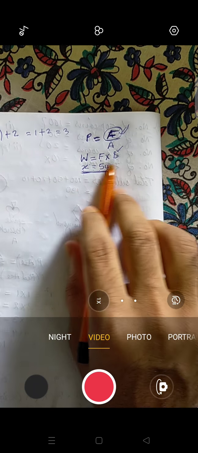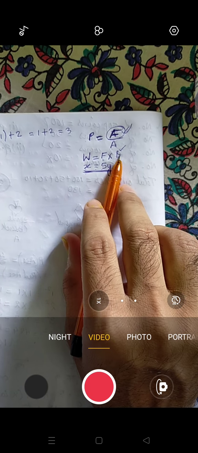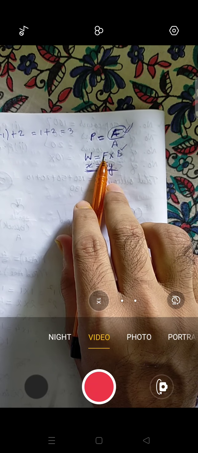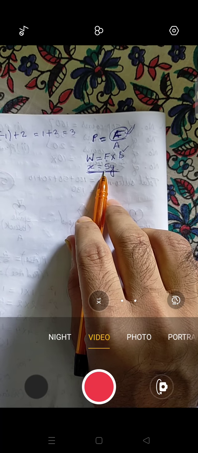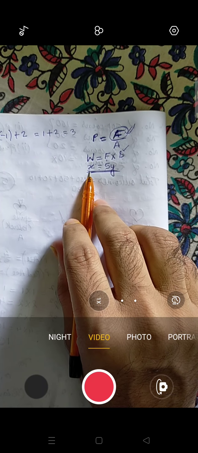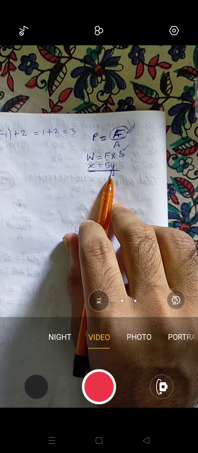According to the formula, work is equal to force into displacement. Force is constant, it is already told in the first line, so constant force is 5. Work we have taken as x and displacement we have taken as y. So this is an equation.